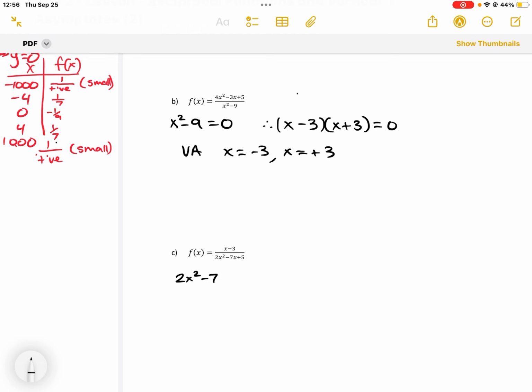I've got 2x squared minus 7x plus 5 equal to 0, which I can factor to be (x minus 1)(2x minus 5), which means that I have vertical asymptotes at x equals 1 and x equals 5 over 2. We will discuss the end behaviors together, and those are some examples of how to find the vertical asymptotes of a reciprocal function.